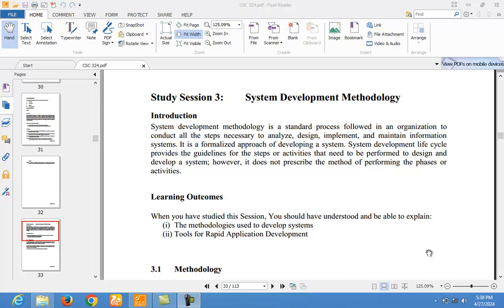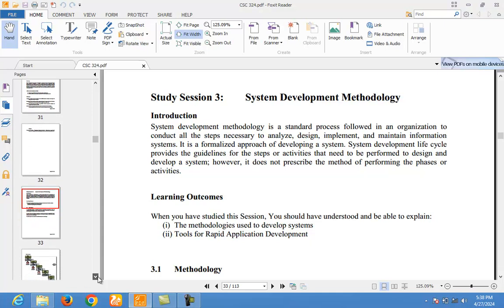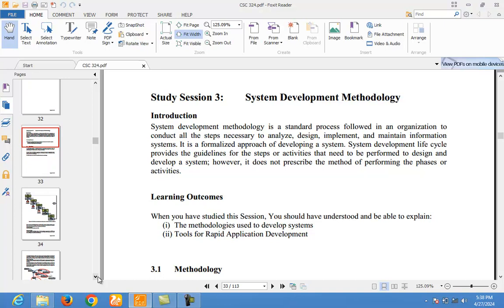Now, system development methodology is a standard process followed in an organization to conduct all the steps necessary to analyze, design, implement, and maintain information systems. So it's a formalized approach of developing a system.